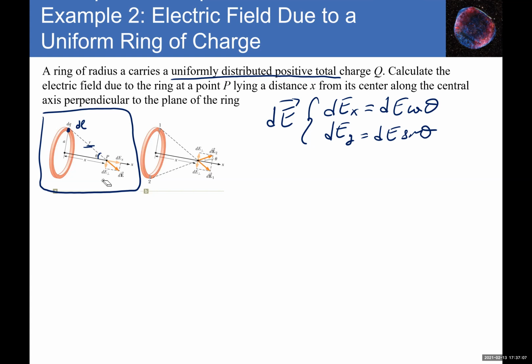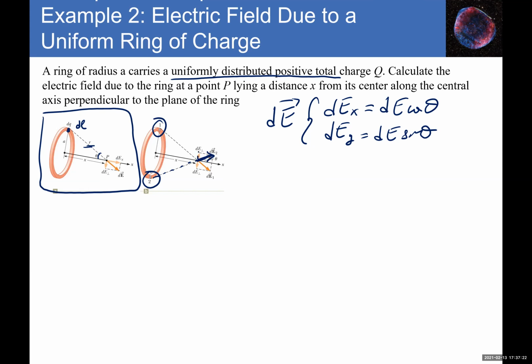So one way we can simplify: let's say this is point 1 over there. If I go to another point, let's say point 2, which is right below point 1, I can see the electric field that it generates is this one over here.